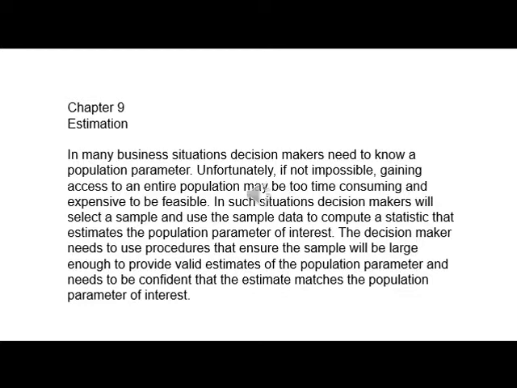In such situations, decision makers will select a sample and use the sample data to compute a statistic that estimates the population parameter of interest. The decision maker needs to use procedures that ensure the sample will be large enough to provide valid estimates of the population parameter and needs to be confident that the estimate matches the population parameter of interest.